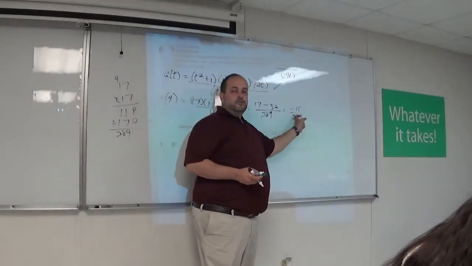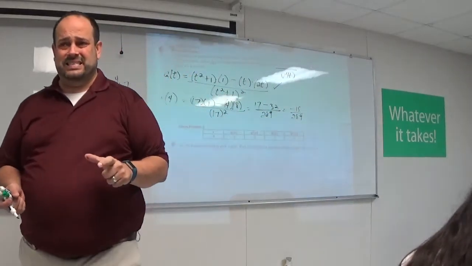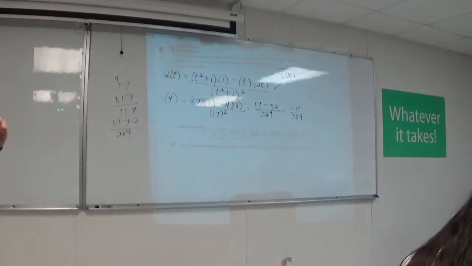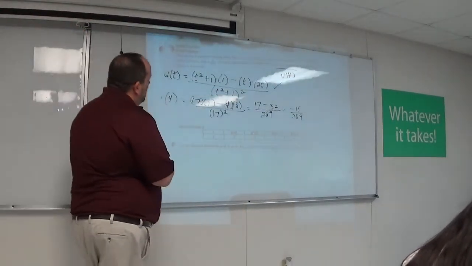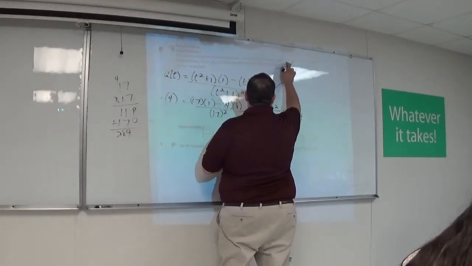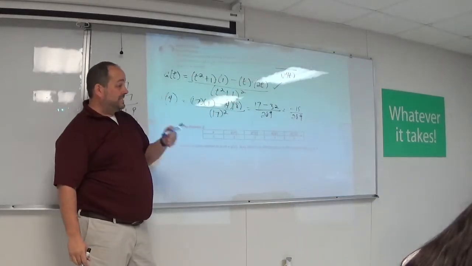Now, negative 15 over 289 is good. However, the problem does say units. Don't guess at the units. Know what the units are. Meters per second squared. Velocity is meters per second. Acceleration is a measure of velocity changing over time.